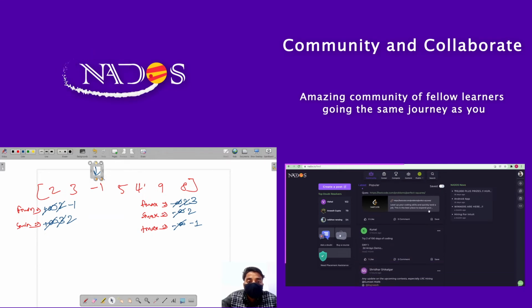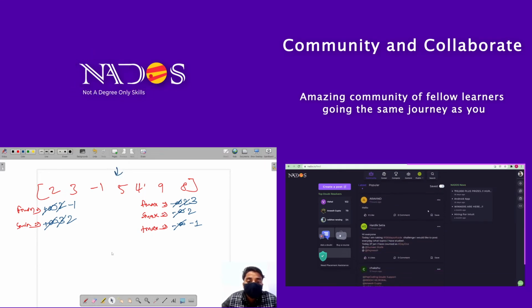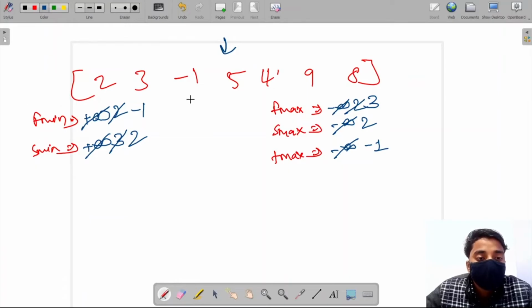Now we are at 5. It will check, is 5 smaller than the first min? No, it is not. Is 5 smaller than second min? No, it is not. This means the mins will be the same as they are this time. Now, is 5 greater than the first max?